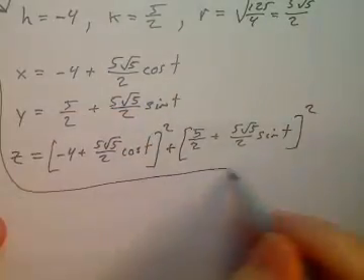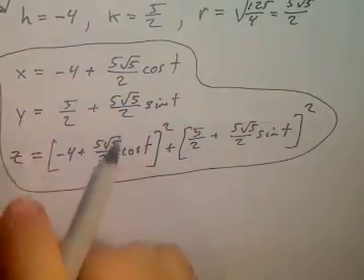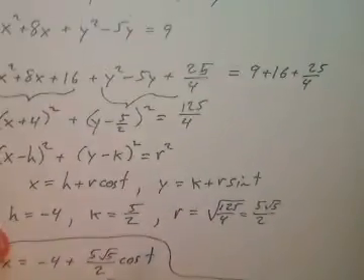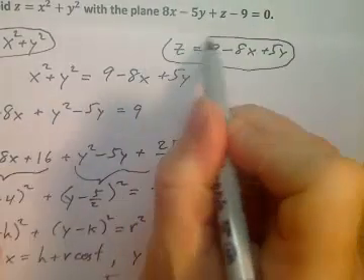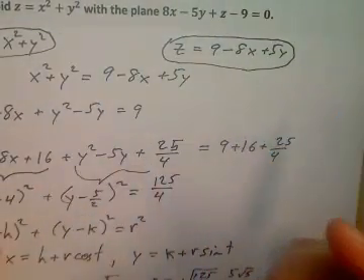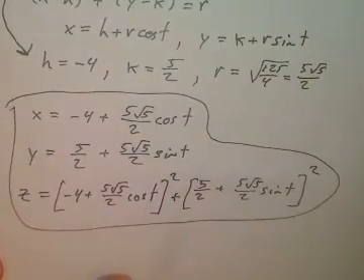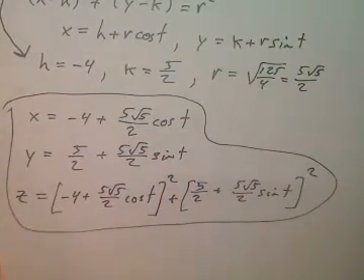So this would be my solution. One final point is that I could have used this plane equation here to get z in terms of x and y too if I wanted. So here's my solution, and that's all of it.